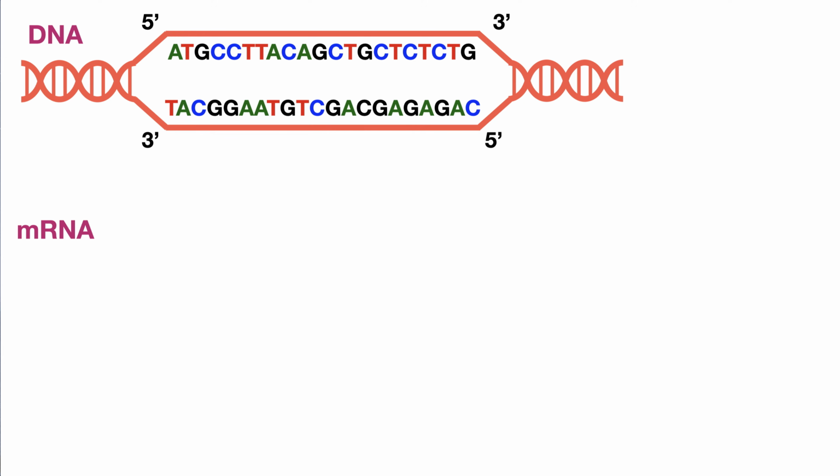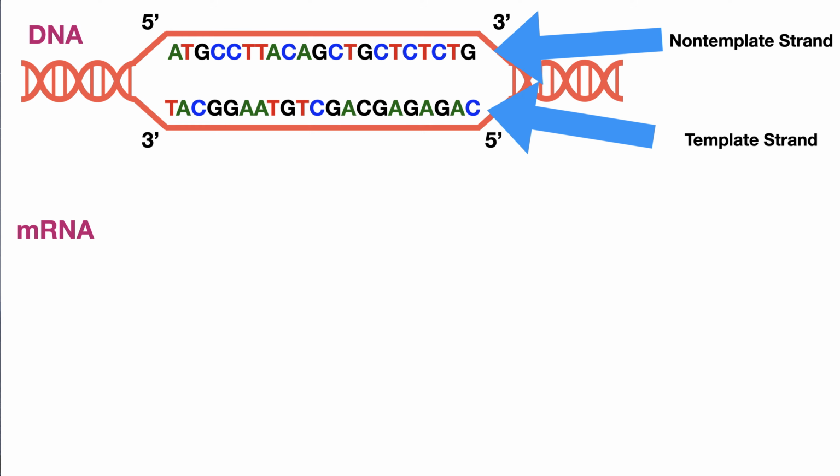Now, you're not going to know which strand is which simply by looking at it. This is an extra piece of information that you're going to have in order to predict the sequence of messenger RNA. Okay, so we are going to label the strands for you. The top strand is going to be the non-template strand, and the bottom strand will be the template strand.